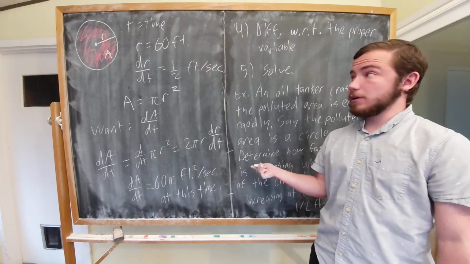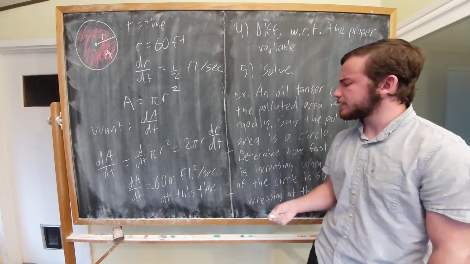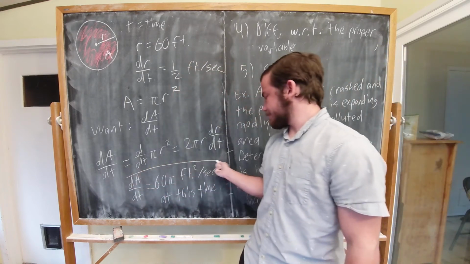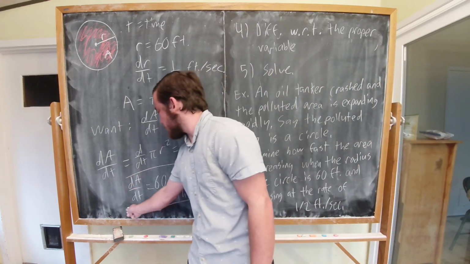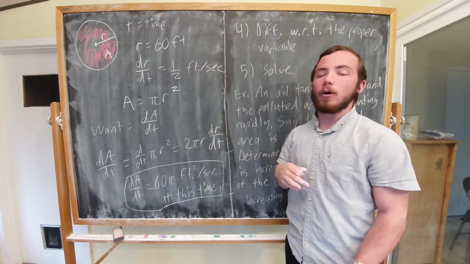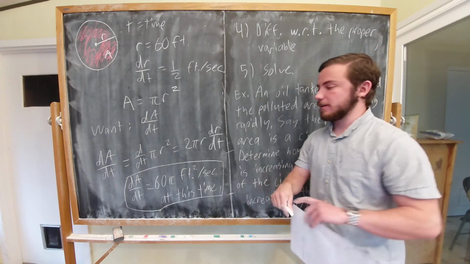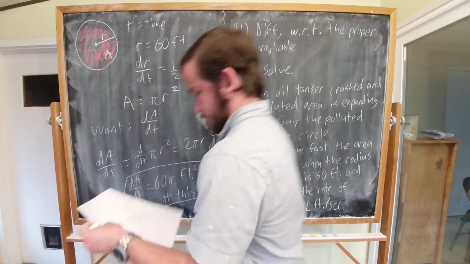You could solve for what time it is, but actually I don't think you could in this situation. But at this point in time, where we have our information about the radius, we now know how the area is growing. All right, that's all well and good. Let's do more examples.